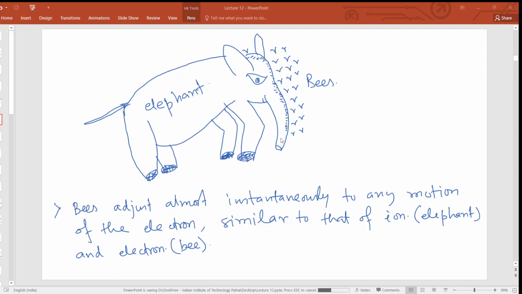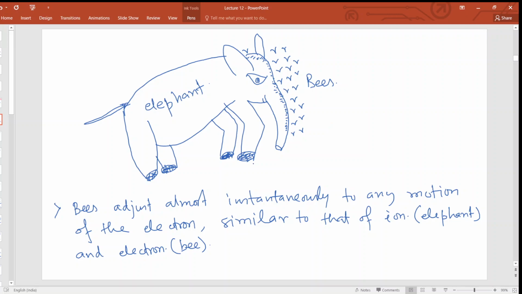Now this elephant is moving, and these are also moving. Since the elephant moves much slower compared to the bees, the bees have a much larger amount of time to respond to the motion of the elephant. So the time scale of the motion is different.